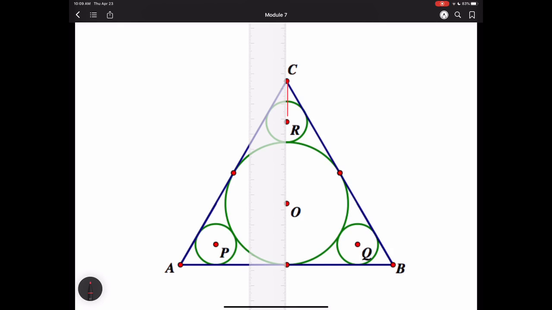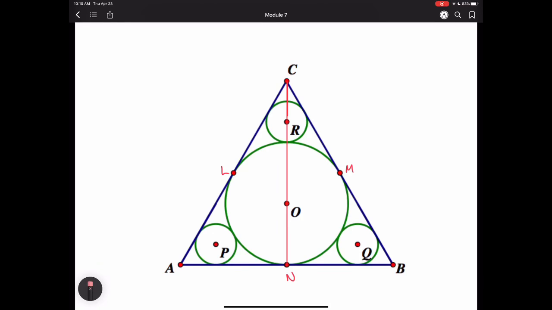Let's try that again. That should be closer. There we go. So that, and if we were to draw one from any of the vertices to the opposite side, which I'm going to name those points as well really quickly. So this will be N on the bottom, M, and L, just so we have some more reference.